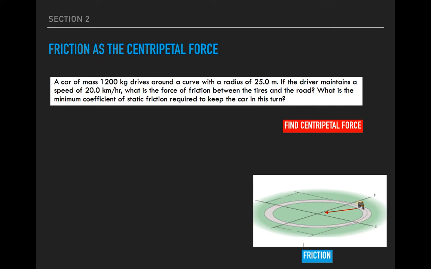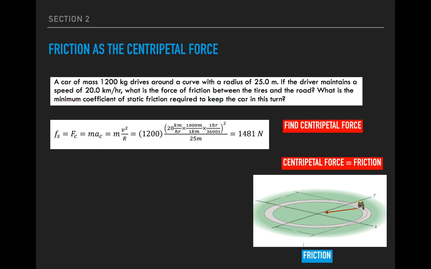The centripetal force will be the friction force, and then later on we'll set the value that we calculated for the centripetal force equal to mu R. So F is equal to mu R we'll use to get the coefficient of static friction, or the coefficient of friction. Like I said, mv squared over r in SI units gives you 1481 newtons. If you look at the leftmost portion there, little fs is the coefficient of static friction.